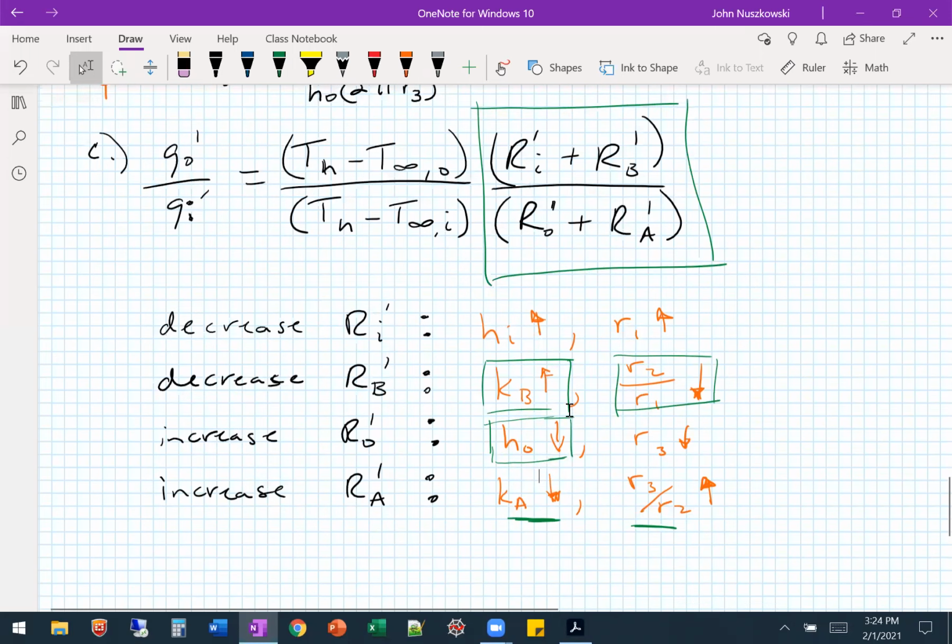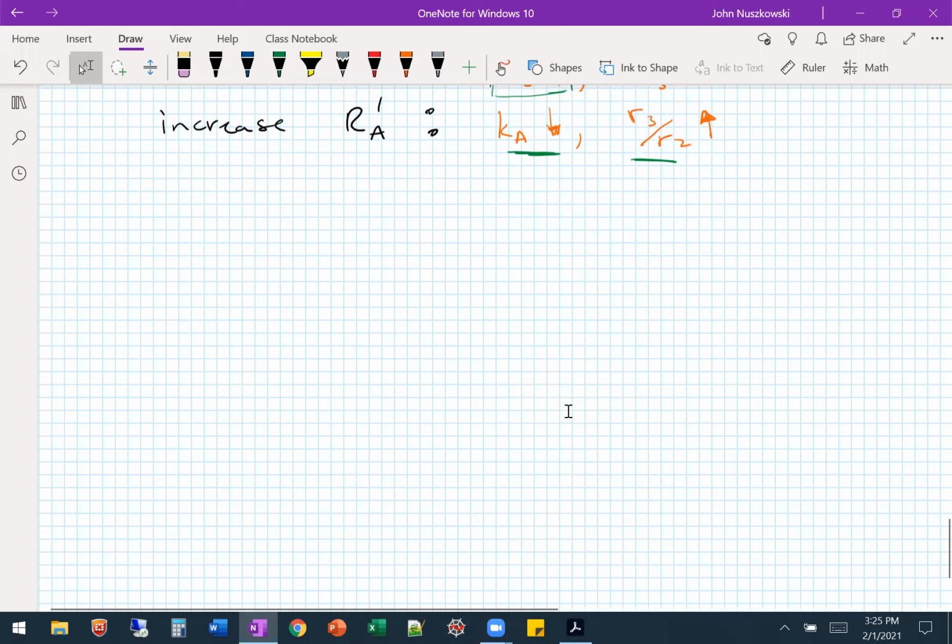All right, let's do 1.60. A spherical tank of 4-meter diameter contains a liquefied petroleum gas at -60 degrees Celsius.